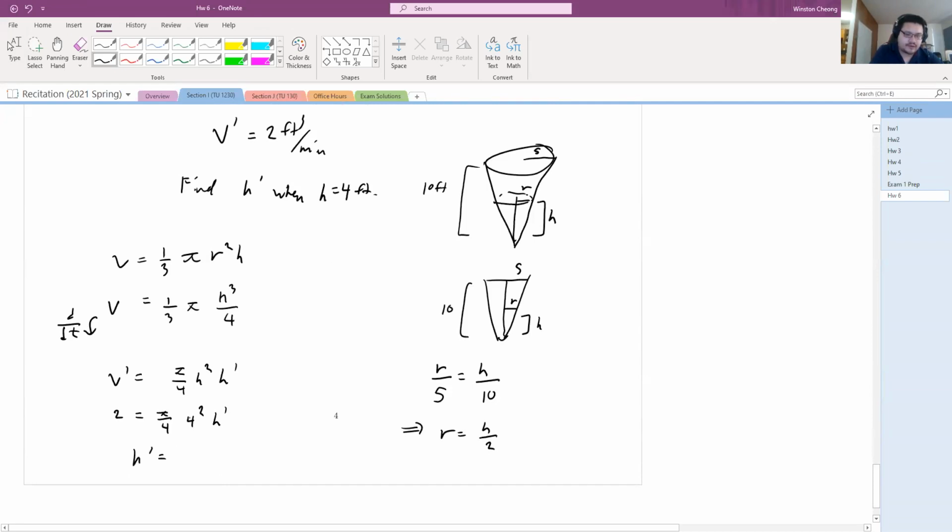Can I solve that in my head? 4 divide. I think I just get... wait, hold on. I just got 1 over 2 pi, which is just not looking right to me. 4, 2, 1 over 2. Is it supposed to be 1 over 2 pi?